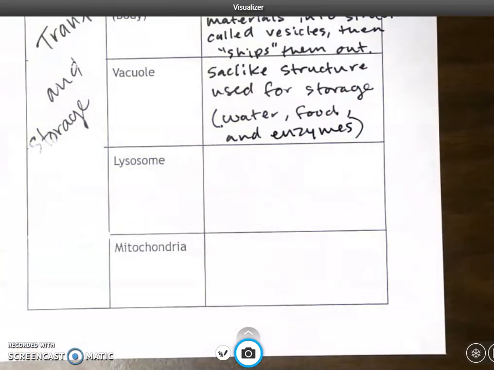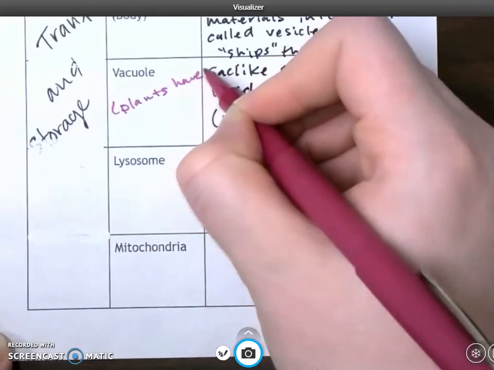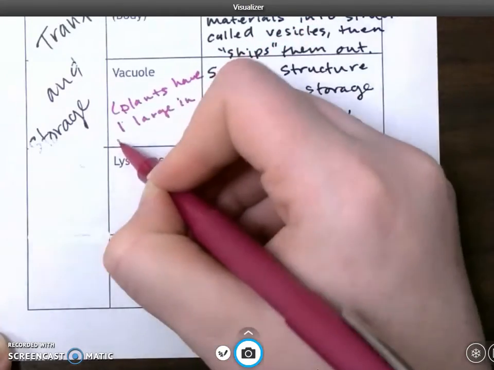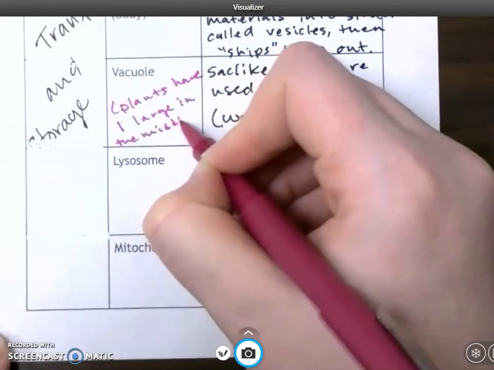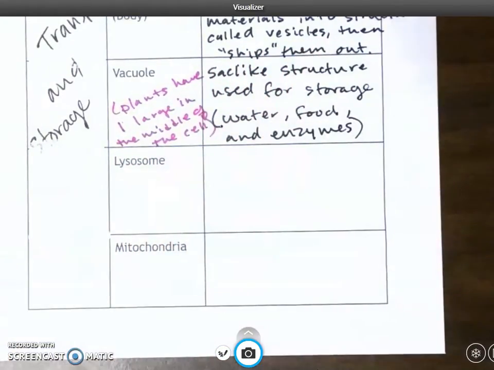All right, plants have a single large one in the middle of the cell. All right, it's called the central vacuole.